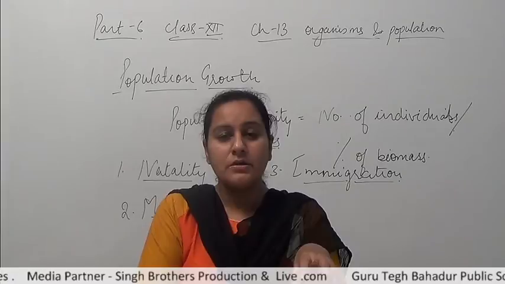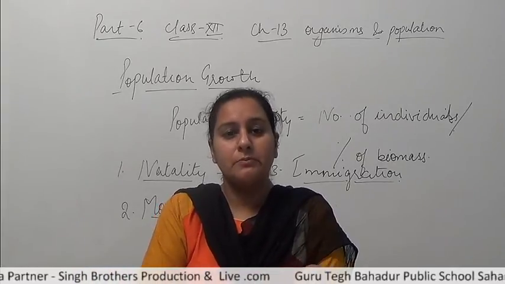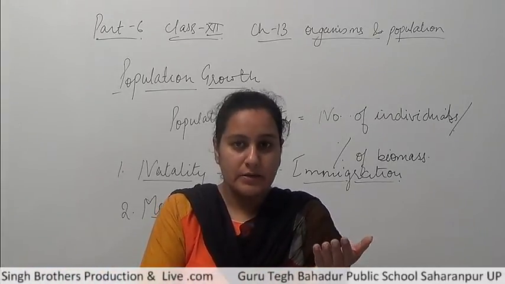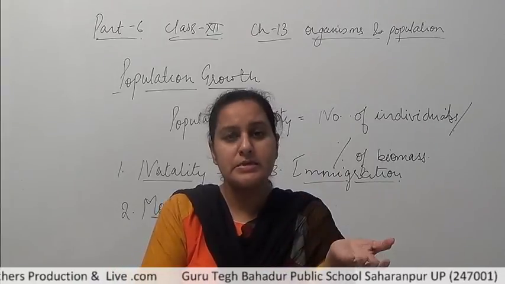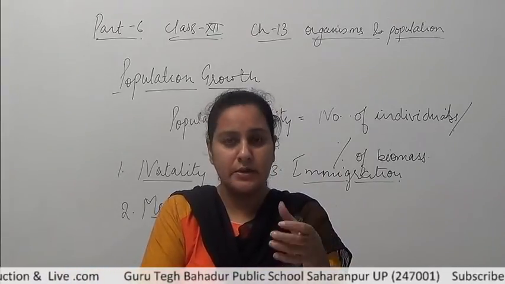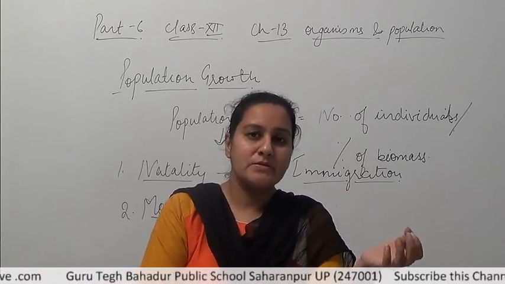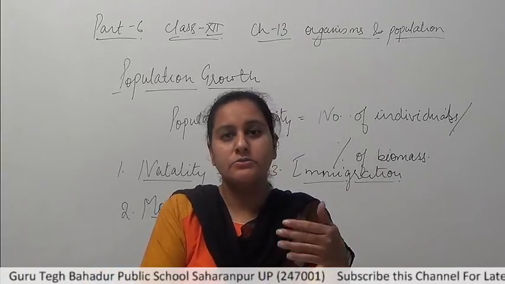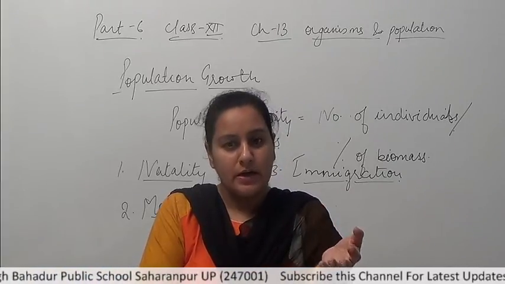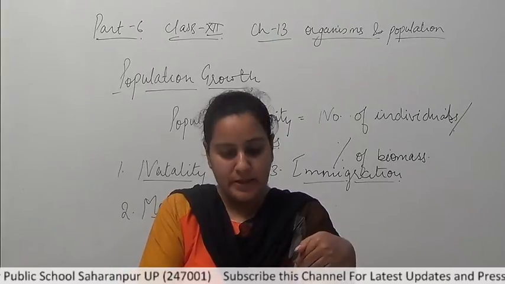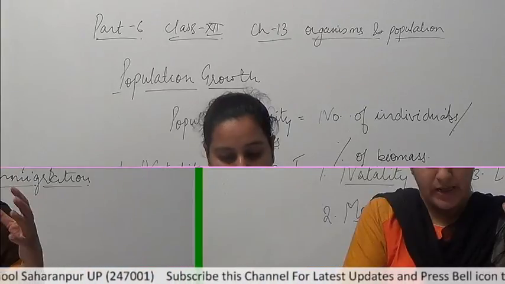They are not the native people of that particular place, but they are there for any reason, maybe food and habitat in the case of organisms, and maybe studies or job occupations, and whatever, they come to another place, that is known as immigration.